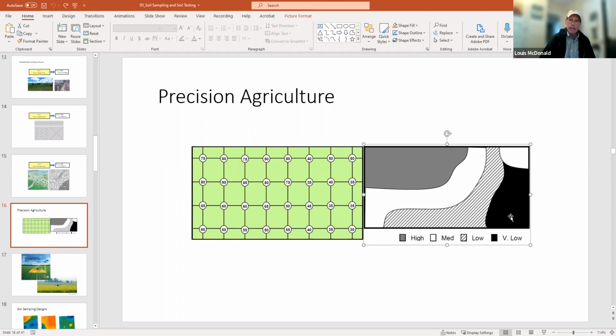And so now we can start to make much more precise potassium applications and start to smooth out where our soil test levels are, and hopefully smooth out our yields across the field. Right?